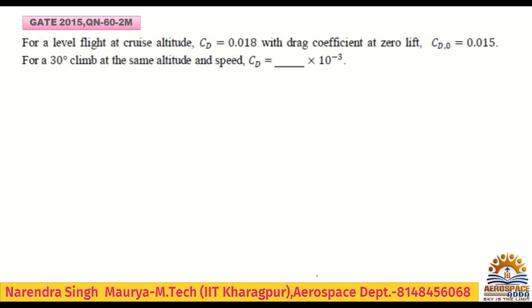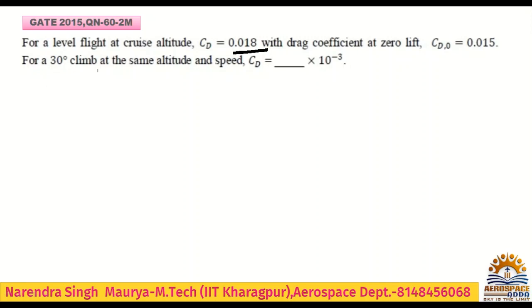This is the problem, again GATE 2015, question number 60. Check. For a level flight at cruise altitude, CD value is given as 0.018, with drag coefficient at zero lift, CD naught, 0.015.